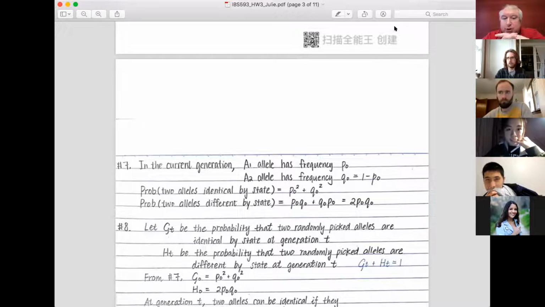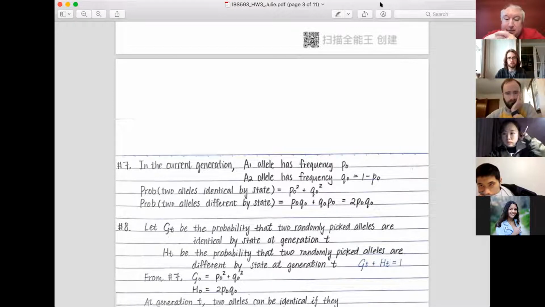In the current generation, the probability of two things being identical or different, let's bring in Hardy-Weinberg. The probability of two randomly picked things being the same, p squared plus q squared. Probability of two randomly picked things being different, 2pq.